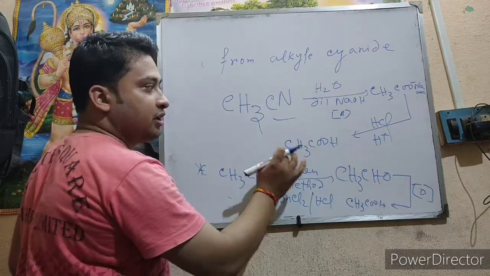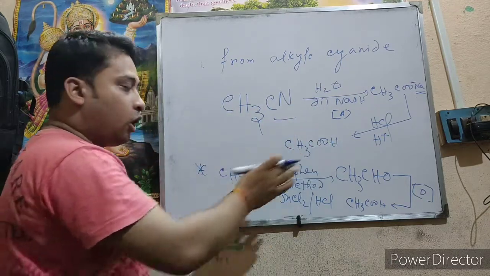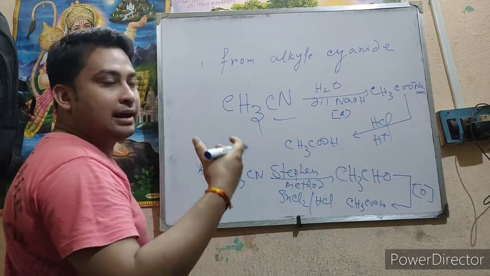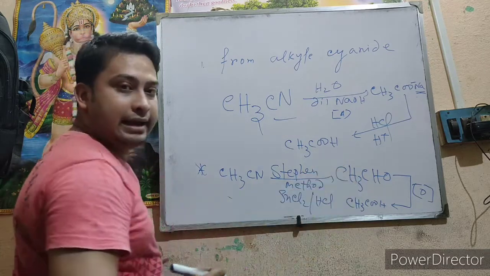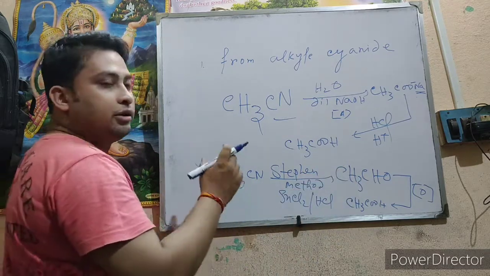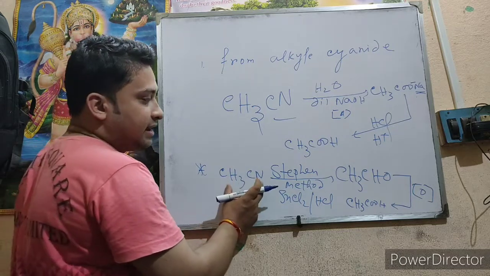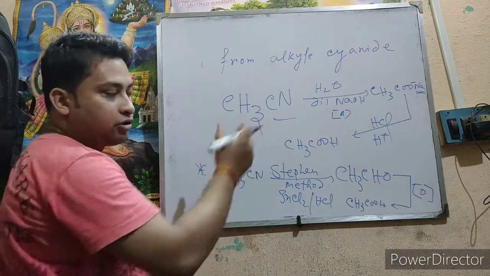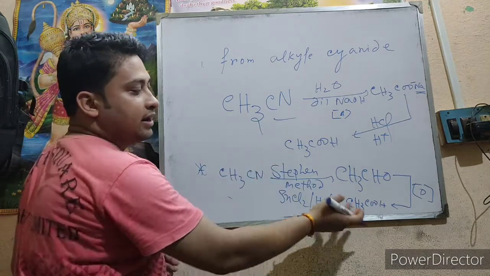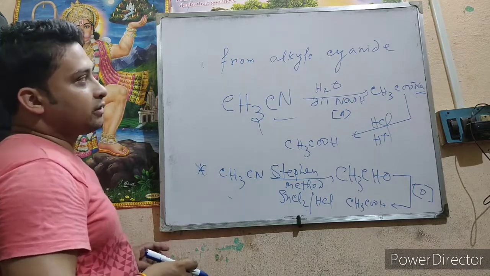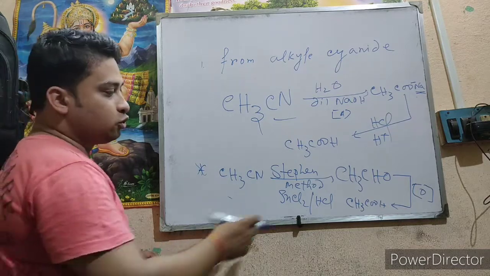After this acidification, you get this acetic acid. Or the second process is, if you have a cyanide group, you have already learned about the aldehyde, how to prepare aldehyde from alkyl nitrile. So you use a Stephen reaction, so cyanide is converted into aldehyde. Then you use the oxidation method and you get the acid. So those are the very simple ways from where you can prepare acid from alkyl cyanide.